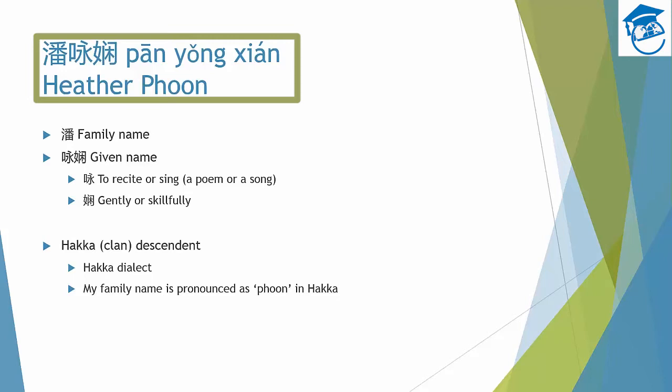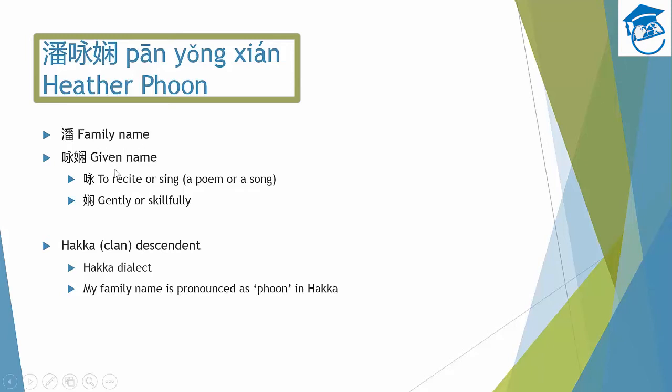For example, Peter Pan is translated as Peter Pan, as if he has joined my family name. And the former UN Secretary-General Ban Ki-moon also shares the same family name as mine, although he's from South Korea.